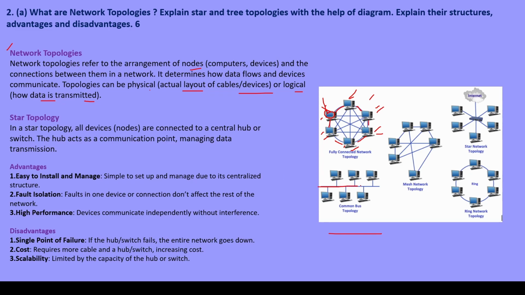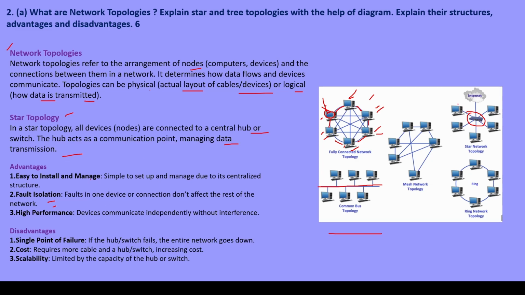In bus topology, one wire cable is connected; here there are many cables. Star topology, as you can see, here is the star. Devices and nodes are connected to a central hub. As you can see, here is the central hub. The switch or hub acts as a communication point and manages data transmission. Advantages: easy to install and manage. Fault isolation: a fault in one device connection doesn't affect the rest of the network.